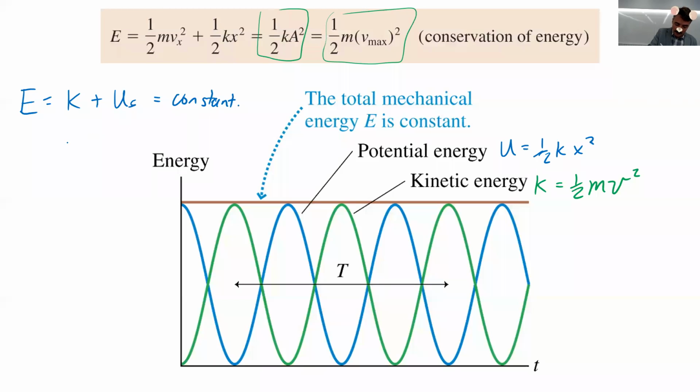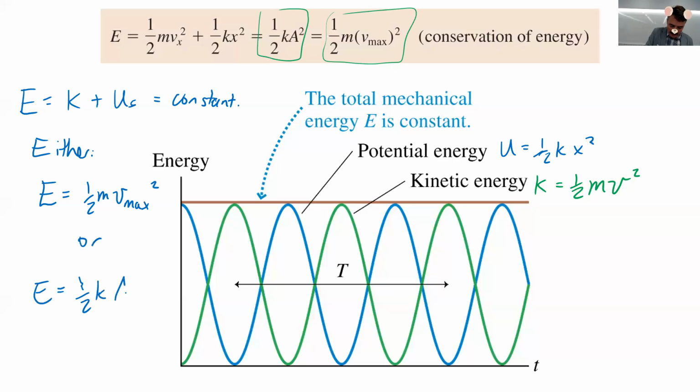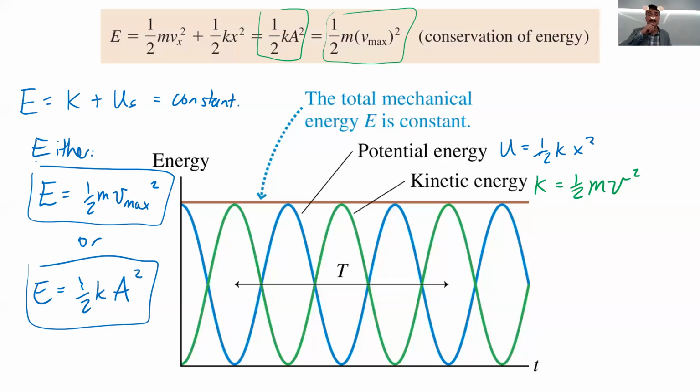And you can use either equation, whichever is more convenient. You say the total energy is equal to 1/2 m Vmax squared, or the energy is equal to 1/2 k times a squared. You can use whichever one of these equations is most convenient for you, depending on what you've been given.